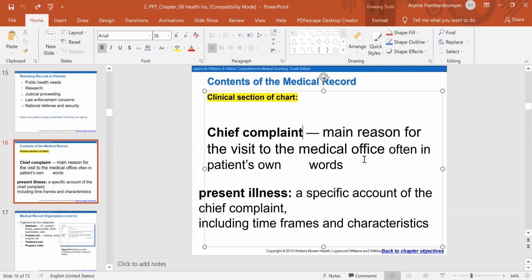When patient calls your office, you ask them, what is the reason that you want to make an appointment? Or the patient comes to your office, why are you here? What was bothering you? And if the patient tells, oh, I'm here because I cannot control my blood pressure, it is the patient's chief complaint. Yes, the main reason.